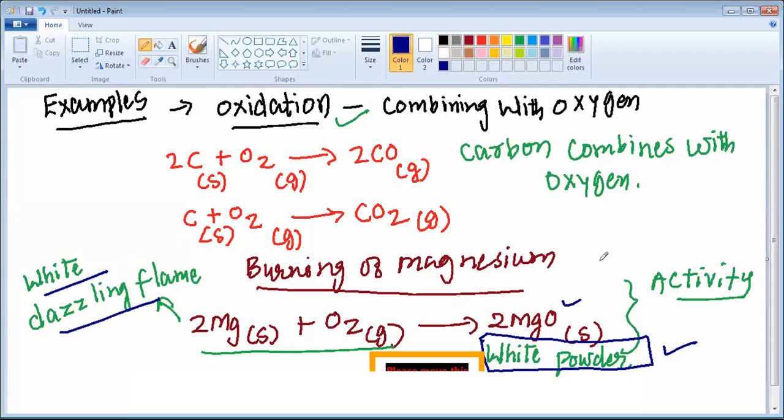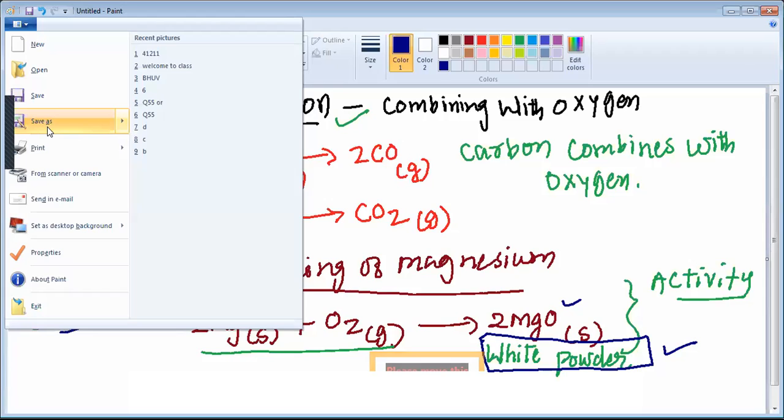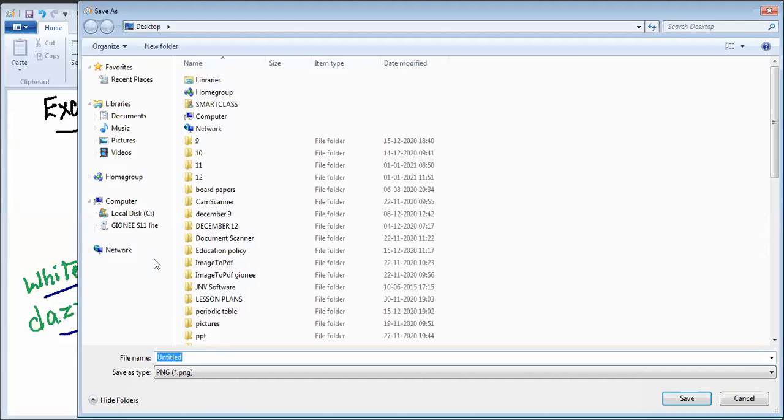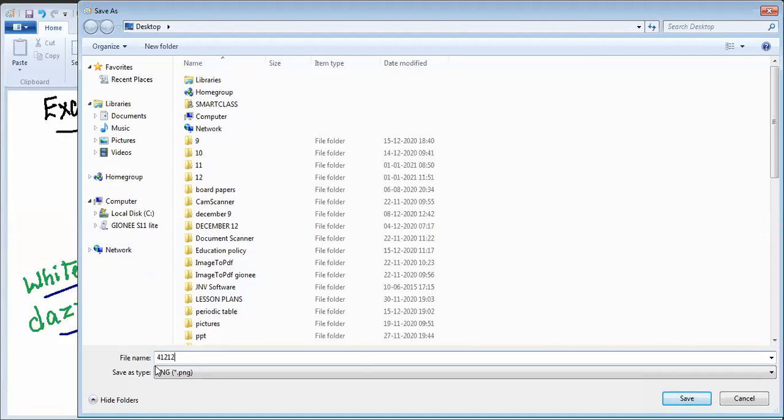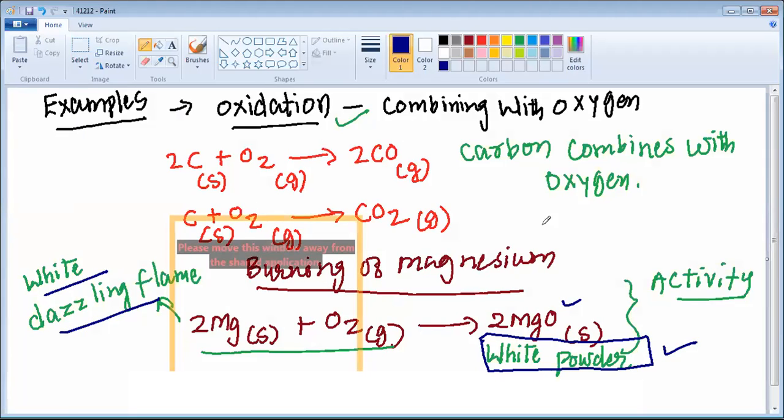And this is how, my dear students, we understand the combination reactions.